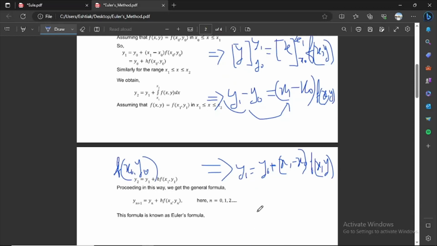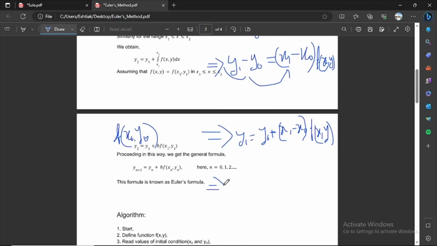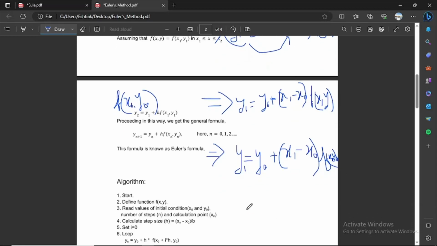Then this equation turns into y1 equals y0, the value of the function at the initial condition, plus x1 minus x0 times the tangent at the initial condition, which is our first approximation.